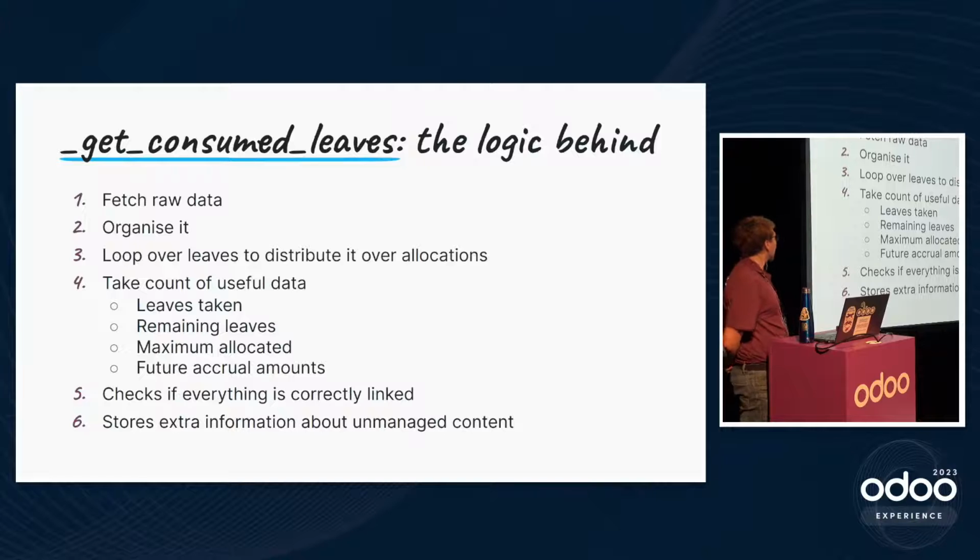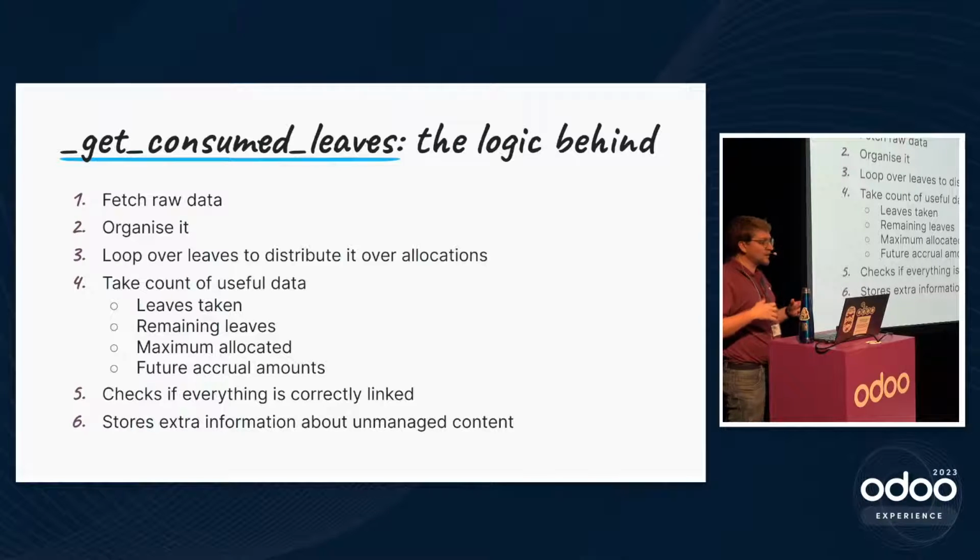What is the logic behind that method? Well, it fetches every data that it needs, the allocations, the leaves, etc. It will reorganize it. So for example, for the allocations, we always want to take our leave on the allocation that will expire first, so we can take leave in the most optimized way.